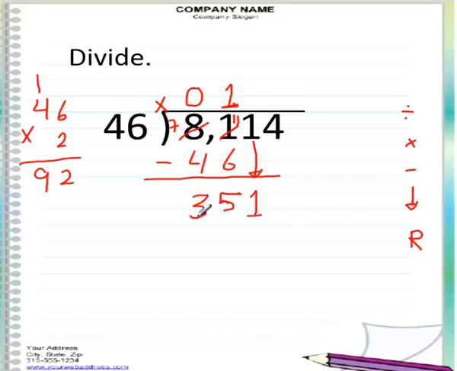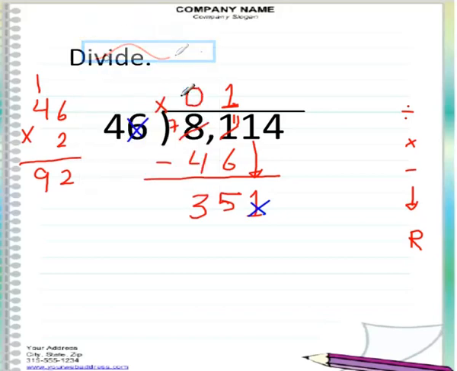So again, I will divide 351 divided by 46. There is an easy way to divide. Hide the first digit, or just ignore the first digit. Ignore it, and divide 35 divided by 4 equals what?